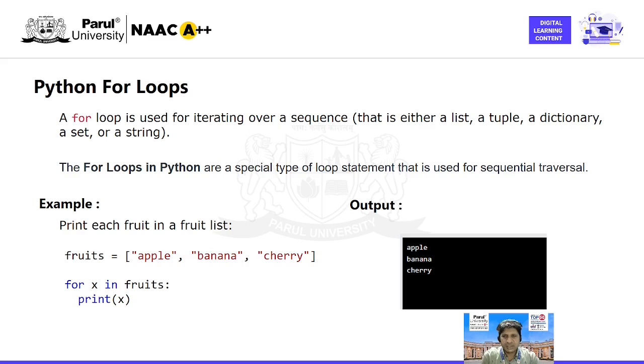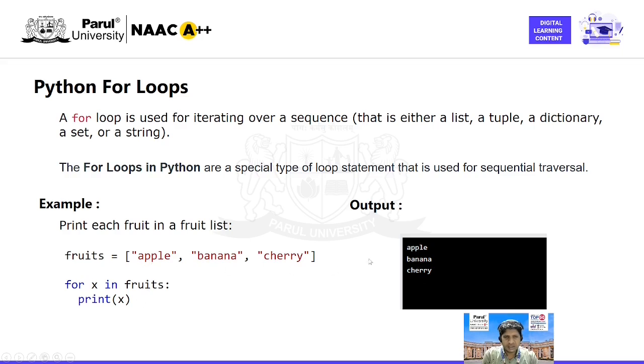Suppose you have a list of fruits, for example, apple, banana, cherry, and you want to traverse, to retrieve one by one all these fruits. Then you can use for x in fruits: print x. So you can see the output: apple, banana, cherry.